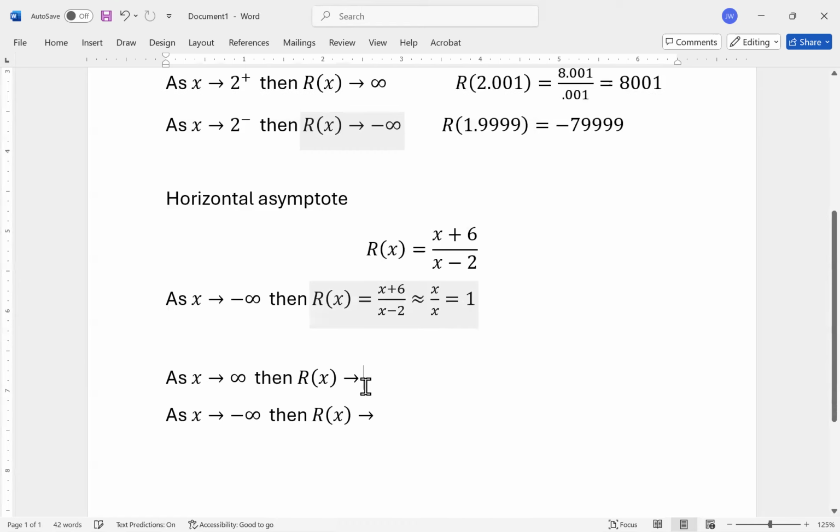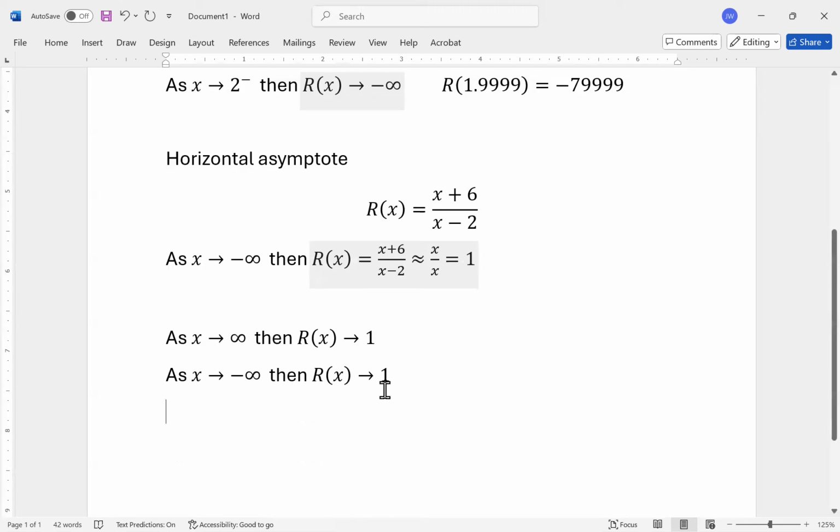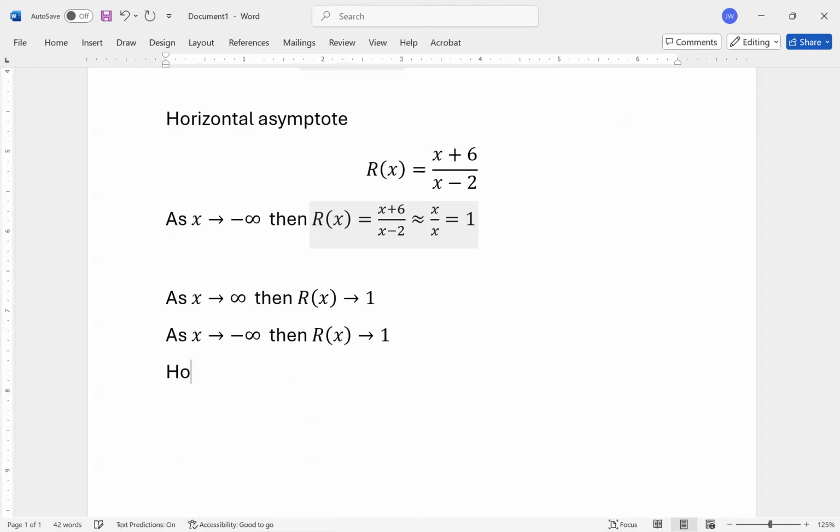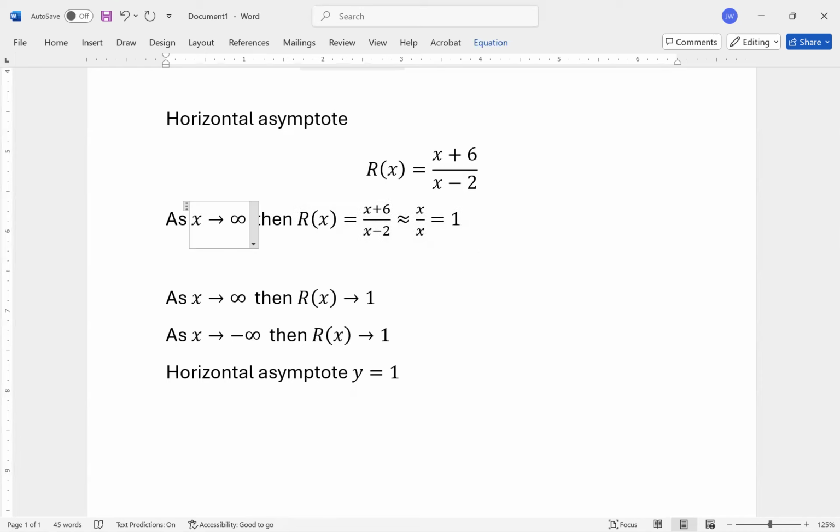So as x goes to infinity and as x goes to negative infinity, my function goes to 1. And that means I have a horizontal asymptote of y equals 1. In other words, output is equal to 1 as x goes to positive and negative infinity.